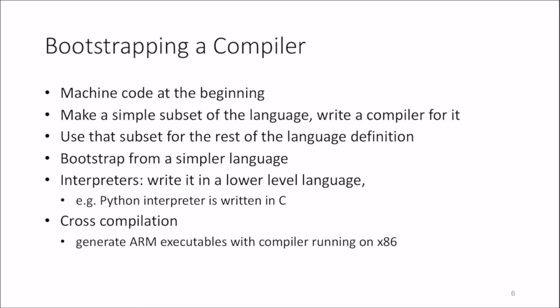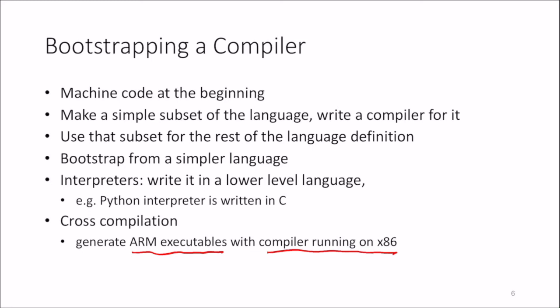The other idea is if you actually want to generate ARM executables, which ARM is a different kind of CPU architecture, different from x86. What you can have is a compiler that's running on an x86 machine, but produces ARM code.